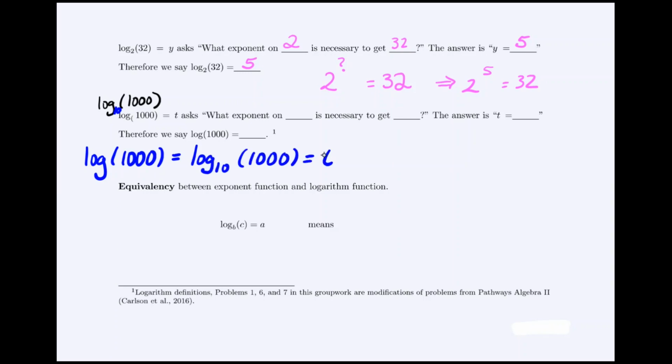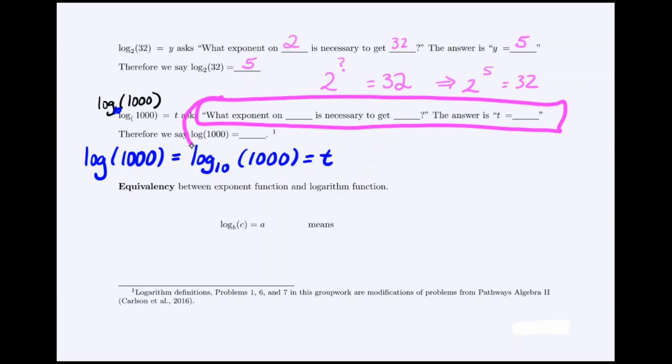And now let's translate this statement in terms of what it's saying about exponentials. Think about how you could fill in these blanks based on our knowledge of what this exponential says and the powers of 10 that we know.